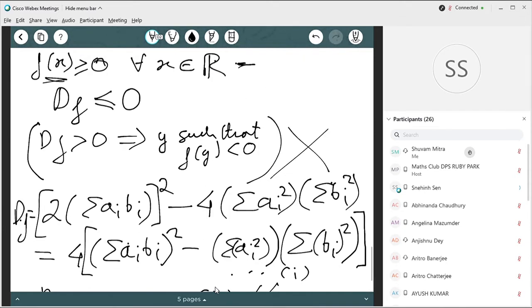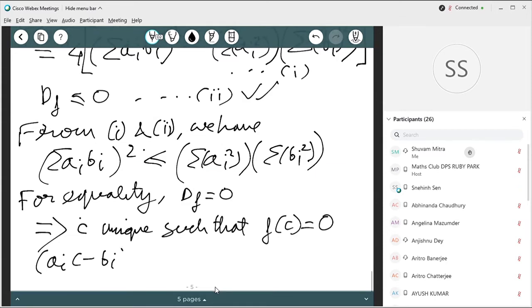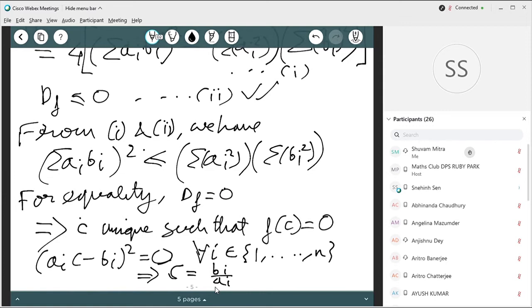That's the general square inequality which we discussed in the last class. So this would imply, because ai is not equal to 0, c is equal to bi by ai. In fact, all this can be considered to be if and only if for all i.